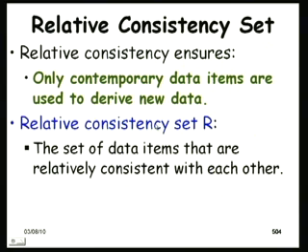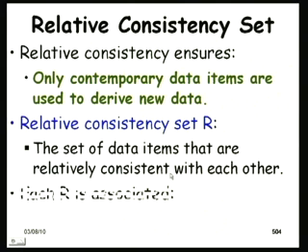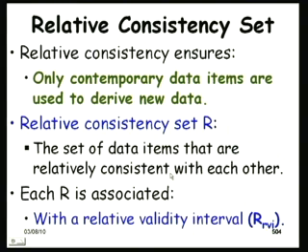So, the relative consistency set R is the set of all data items that are relatively consistent with each other, or if we use notations to specify this, we will first define what is called a relative validity interval, or RVI.